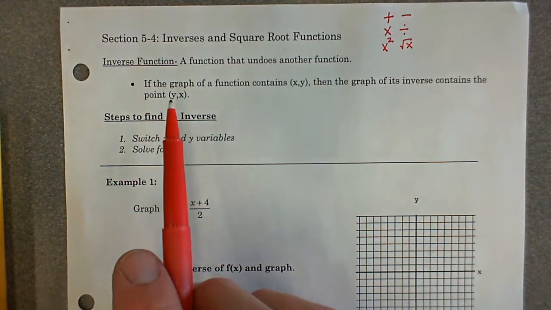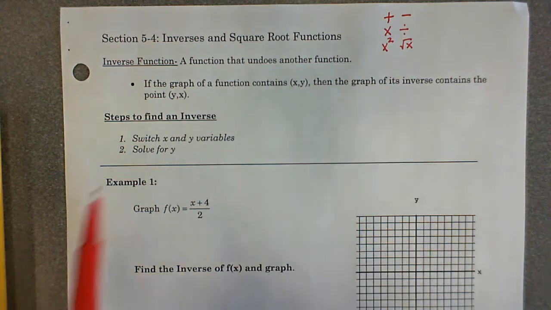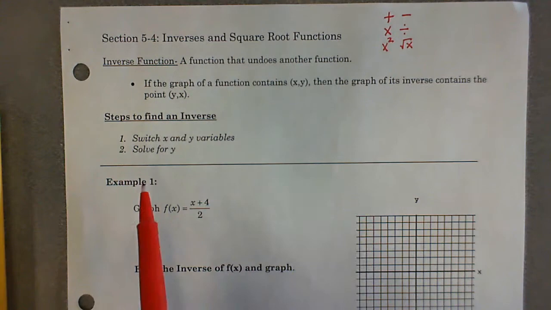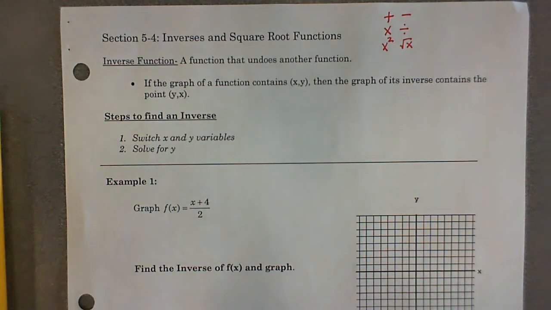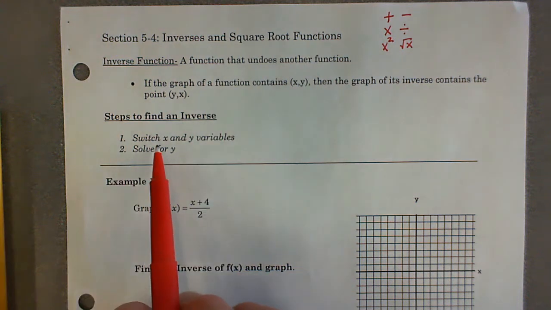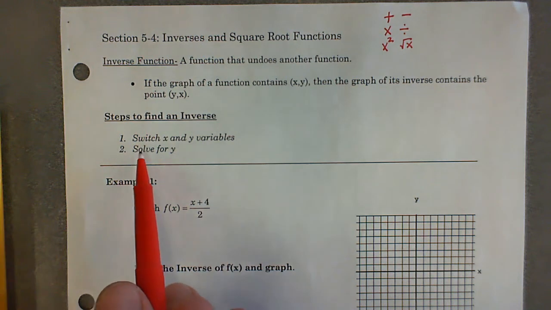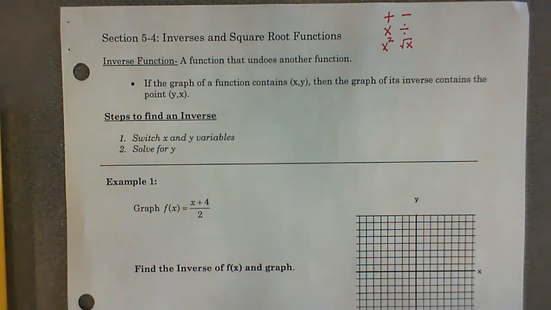So what happens graphically is all the x and the y values get flip-flopped. The x's become the y's and the y's become the x's. That's true on an inverse function. So the steps to find an inverse would be to switch the x and the y variables, and then you solve that new equation for y, and you'll get the inverse function.